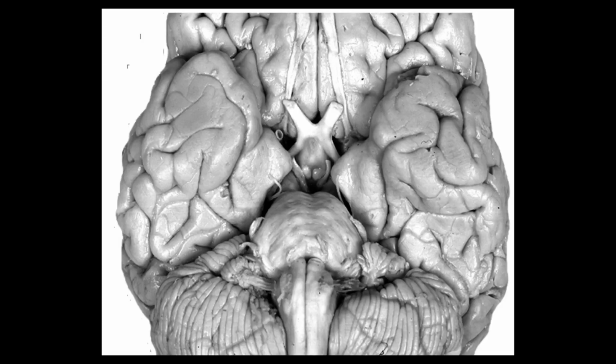A nice clean specimen from the University of Utah showing you all cranial nerves. Cranial nerve 1 was what I showed earlier since it's technically arising from the telencephalon. Find it here in the sulcus near the straight gyrus of the frontal lobe.